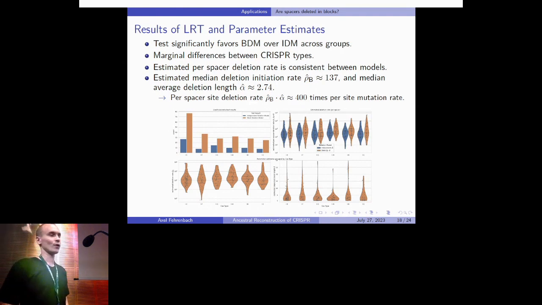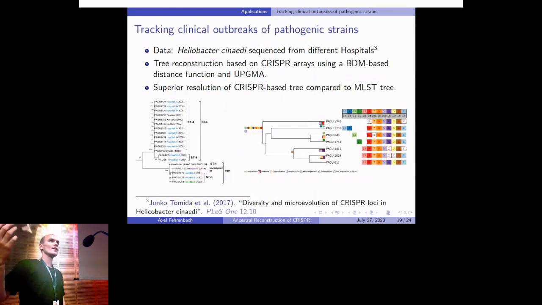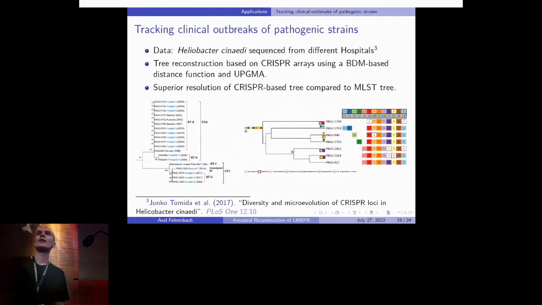Which means that it's evolving much faster than general mutation evolution. Which gives you an idea: maybe we can do high resolution estimation of phylogenetic trees based on CRISPR arrays.